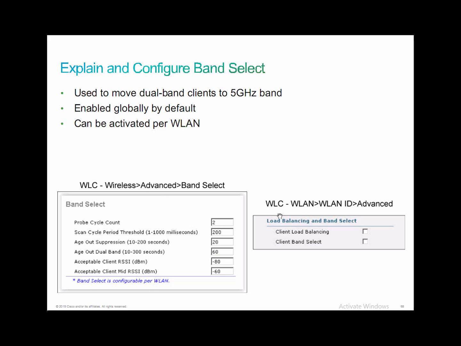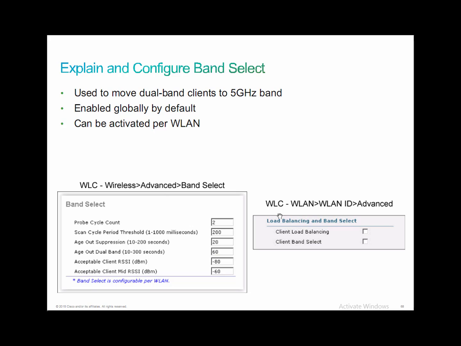So if the AP doesn't receive a probe from that same client within that time period, the AP then assumes that the client has gone offline or has associated to a different AP or maybe even on a different channel. That's the age out suppression it represents.